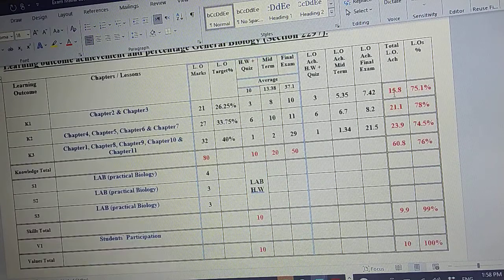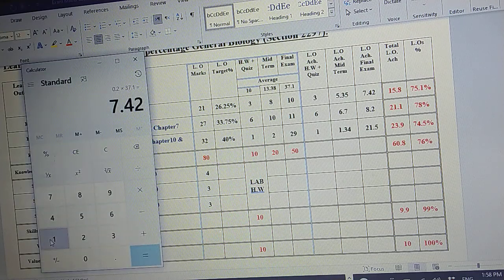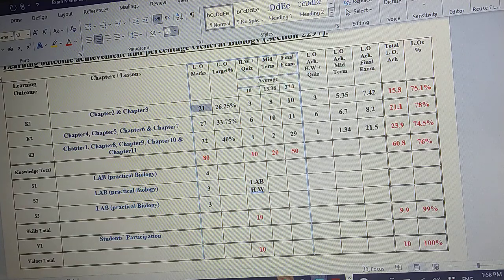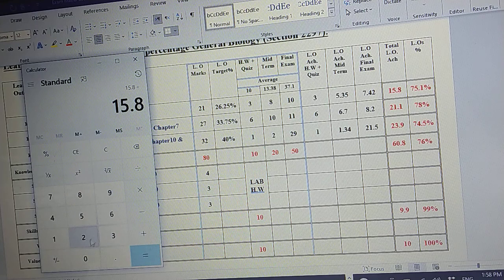So here, when you get the total learning outcome, which is 15.8, you are going to divide it by 21 times 100.